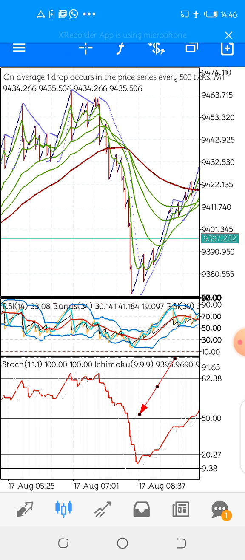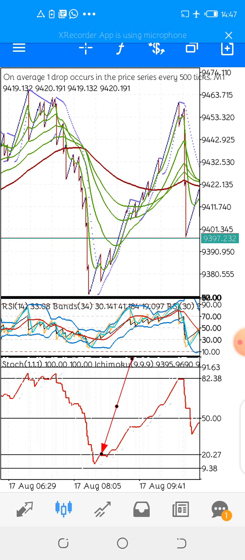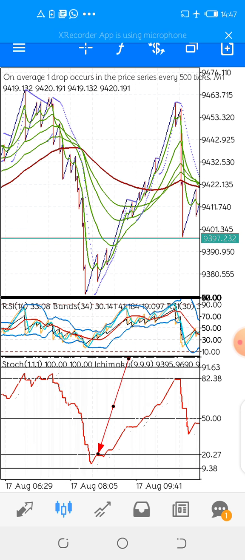But if by the time we are reaching level 50, we've already crossed the 300, then know that we will go all the way down with it. We will come all the way to level 10 and then start retracing. So when we go and touch level 10 and then start coming back to level 20, know at this time again that we will buy for some time.